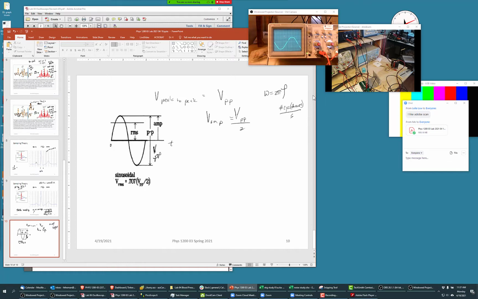And omega is in radians per second. So hopefully you remember that from Physics 1100.